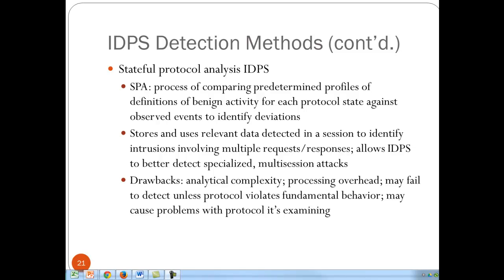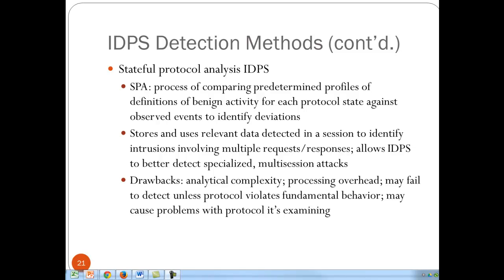Another detection method that should be mentioned is stateful protocol analysis. Here, again, you're comparing predetermined profiles of definitions of benign activity for each protocol state against observed events to identify any deviations. So it is using predetermined profiles like signatures, and then looking for any deviation from that activity.